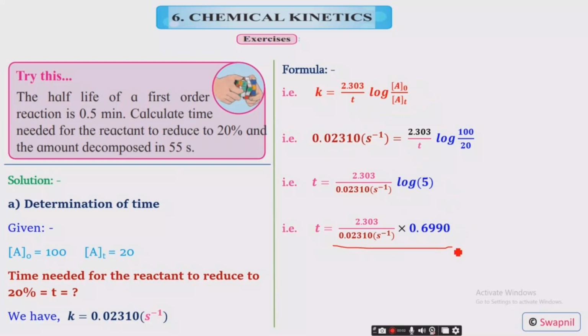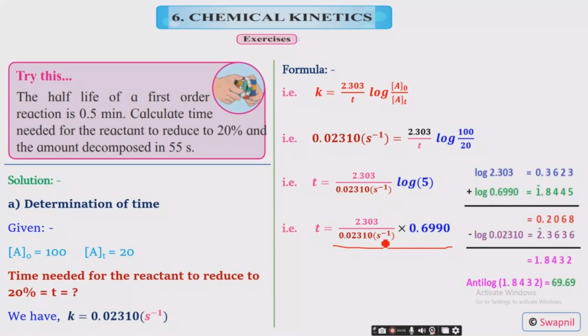Now the right side of this equation is solved by logarithm. So here is the log. In this equation 2.303 is multiplied by 0.6990, so we have to add the log values of these two. Log of 2.303 is equal to 0.3623 plus log of 0.6990 is bar 1.8445. Now the addition of these two values is 0.2068. From this sum we have to subtract the log of 0.02310, because it is in the denominator.